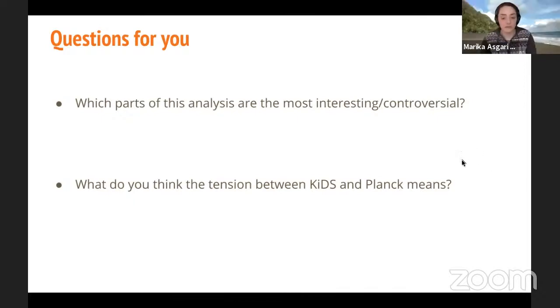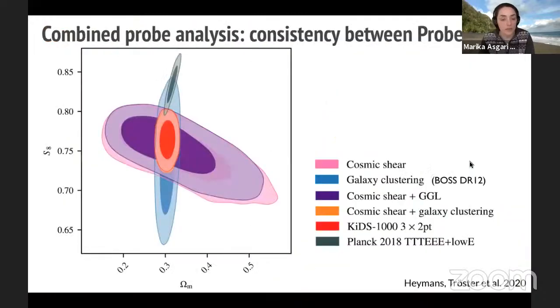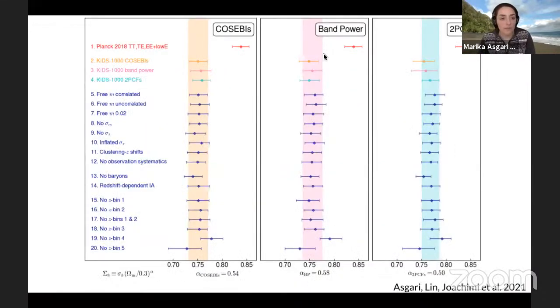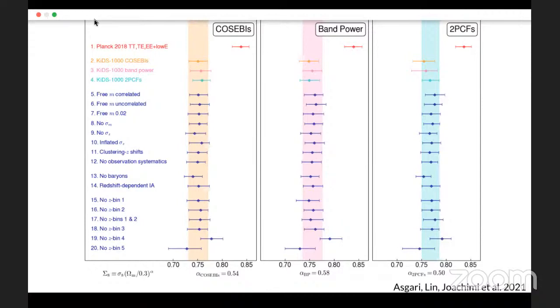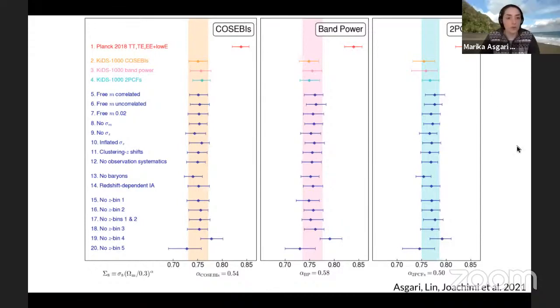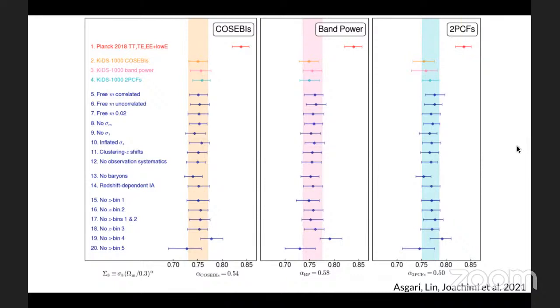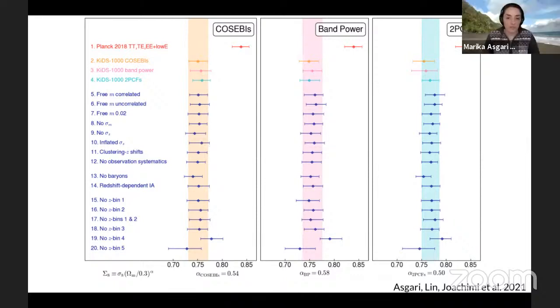Yeah, thank you for that question. Actually, I'm going to go back to this plot because I haven't really explained what each of these are, but I think that will make things a bit clearer. So if we're thinking about the nonlinear modeling, what we're using as fiducial nonlinear modeling is using HMcode, which has baryon feedback included in it.